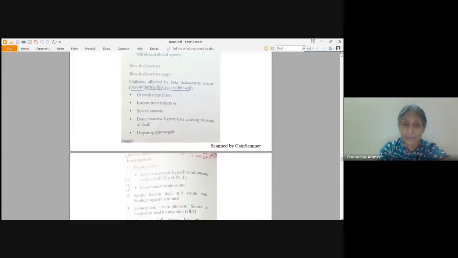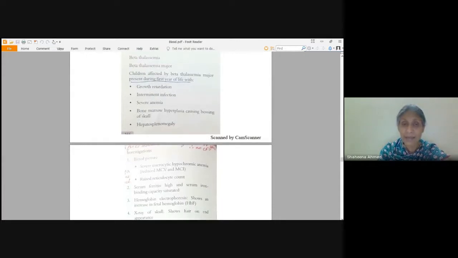Now, in beta thalassemia major, usually during the first year, a child can be diagnosed with thalassemia major. What you are going to see is growth retardation. You will see repeated infections. You will encounter severe anemia.